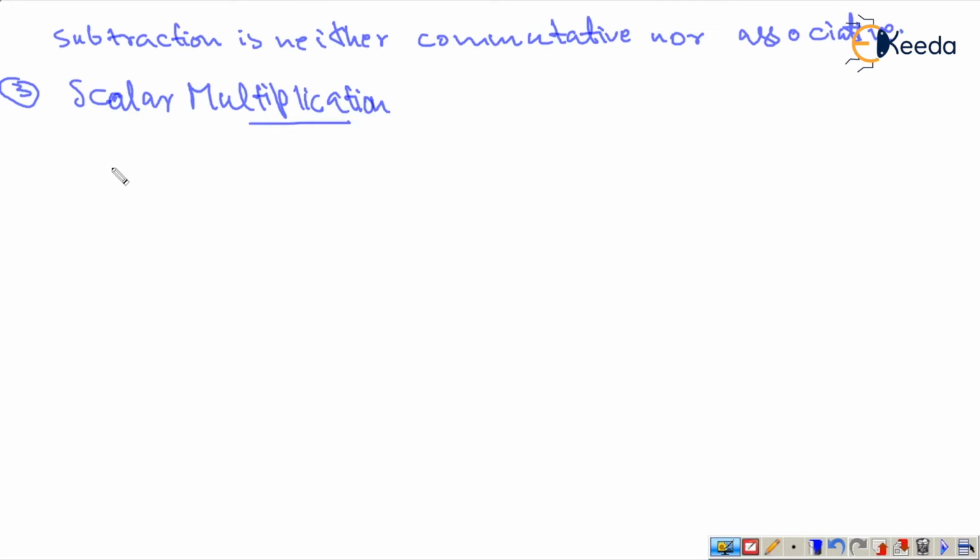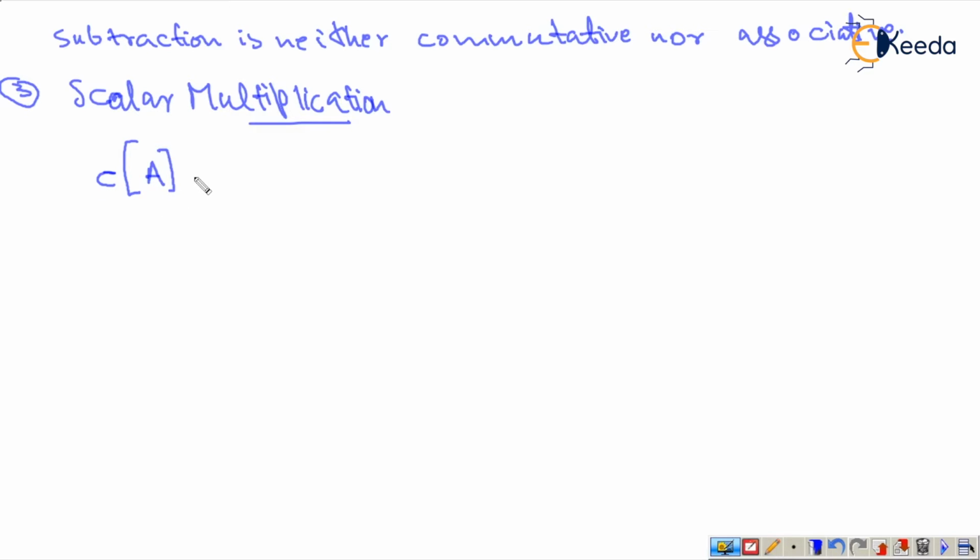Let's say it is small c times capital A. Capital A means the matrix. So scalar multiplication is a multiplication of the matrix with some scalar value c, real value, or maybe imaginary is also fine. In that case, the operation needs that every element of this A should be multiplied with this constant c, right?